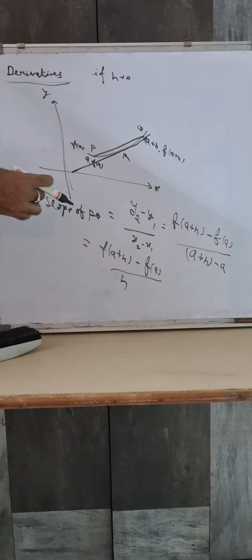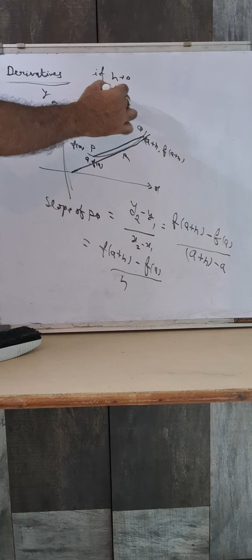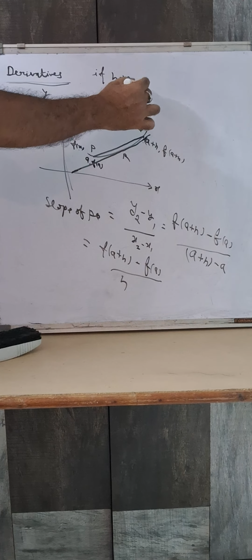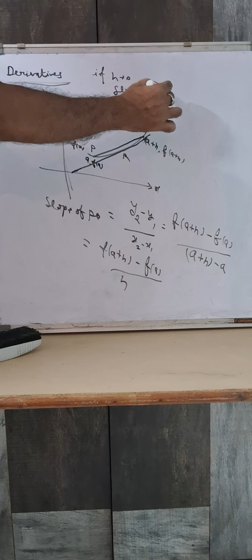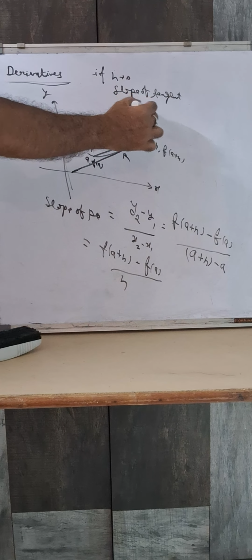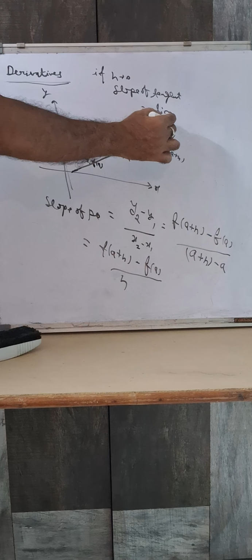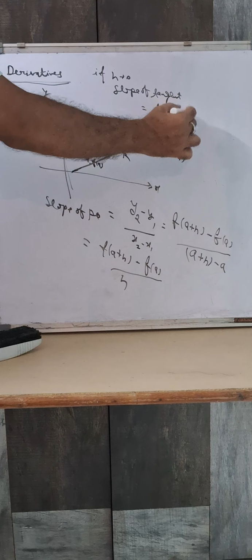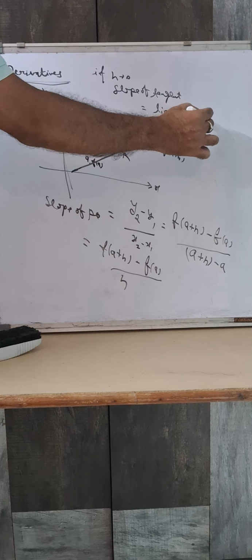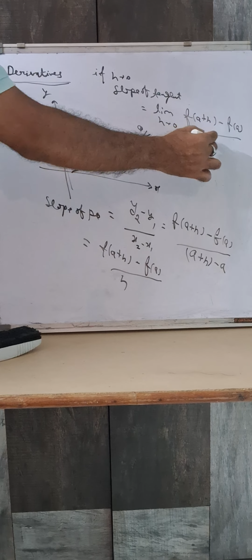The slope of the tangent equals the limit, when the two points coincide, as h tends to 0, of f(a plus h) minus f(a) upon h.